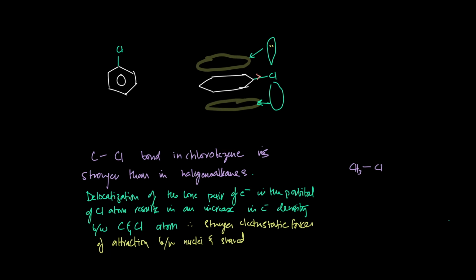So again, because of this delocalization, this greater electron density, there's a stronger electrostatic force of attraction between the nuclei of carbon and chlorine and the shared pair of electrons, or the electrons between the two atoms. So this covalent bond is stronger in chlorobenzene. The C-Cl bond is stronger in chlorobenzene than it is in something like chloromethane, which is a halogenoalkane, right?